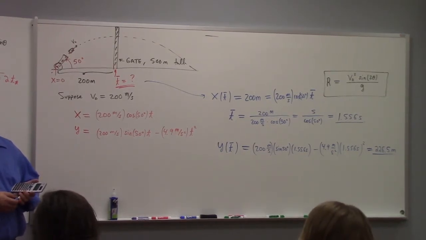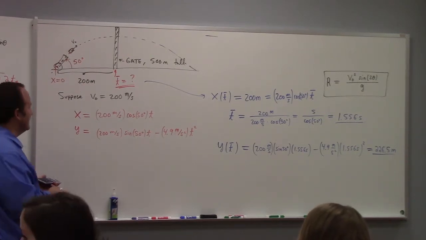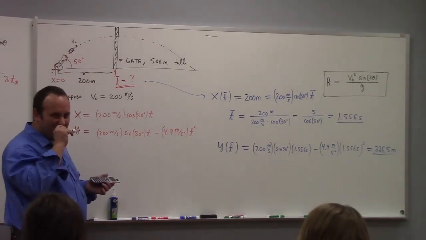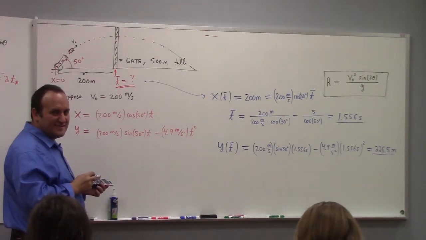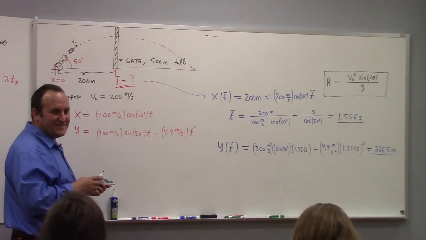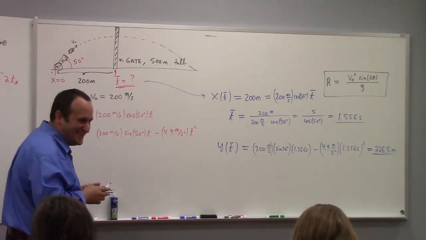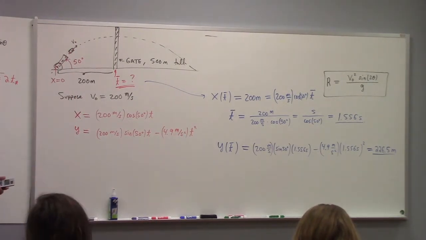Okay, let me put Freedom Tower. Where's the Freedom Tower in this picture? How tall is the Freedom Tower in meters? How many feet is it? Lots. This is not helpful. Quick, someone Google Freedom Tower height.